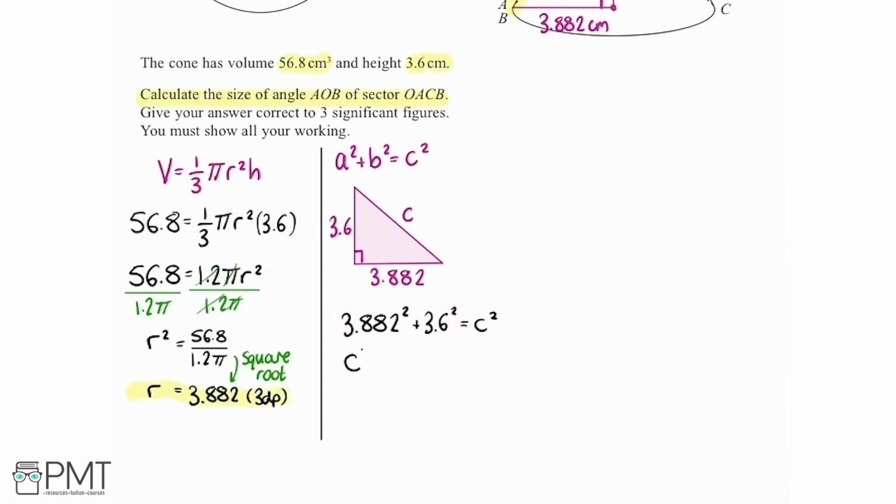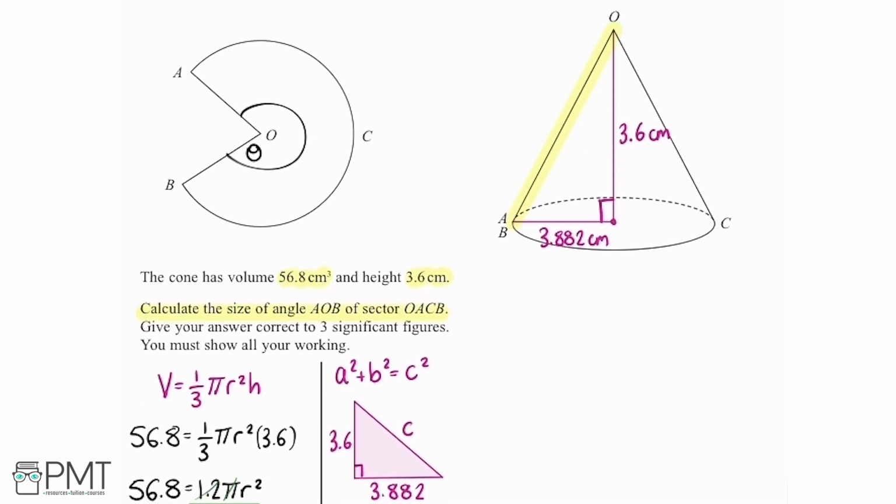We're going to say c squared is 28.030 to 3 decimal places. So square root of that is 5.294. Fantastic, we've got some more information we can put on now. So we've got that this length here is going to be 5.294 centimeters.